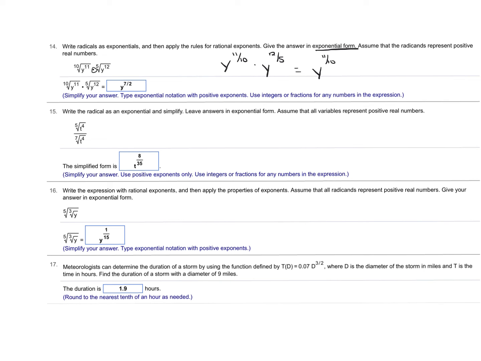So it's 11/10 plus 12/5, which could be 24/10. 24 plus 11 is 35. And if I reduce that down, both of those numbers are divisible by 5. It's y to the 7/2.